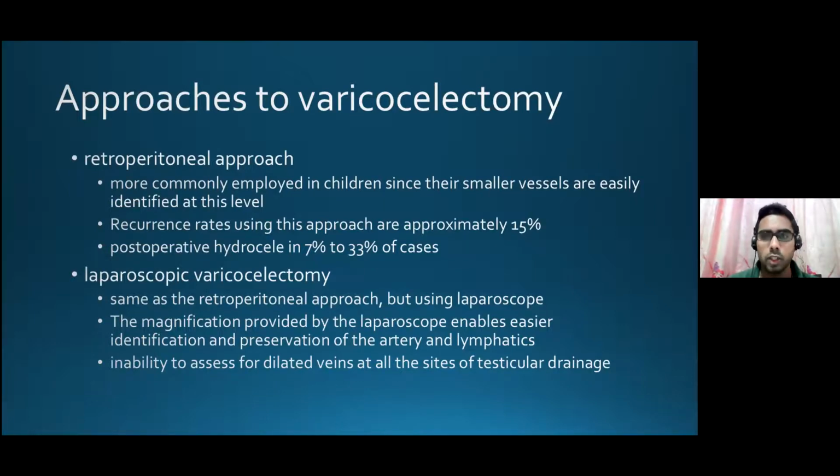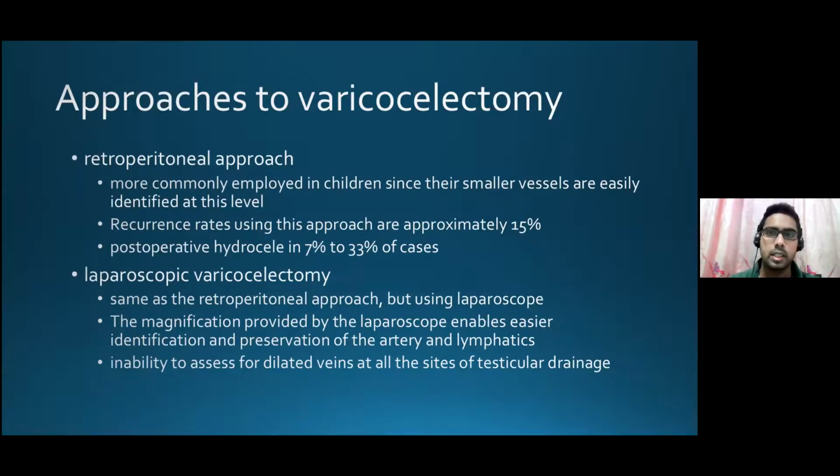Because of this residual venous communication, the retroperitoneal approach is found to have a relatively high recurrence rate, but it is more commonly employed in children because sometimes if we proceed with other approaches, it might be difficult to identify smaller vessels in children.